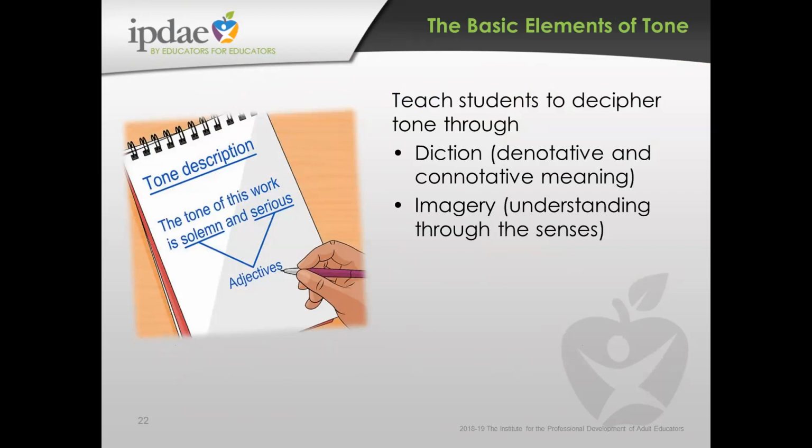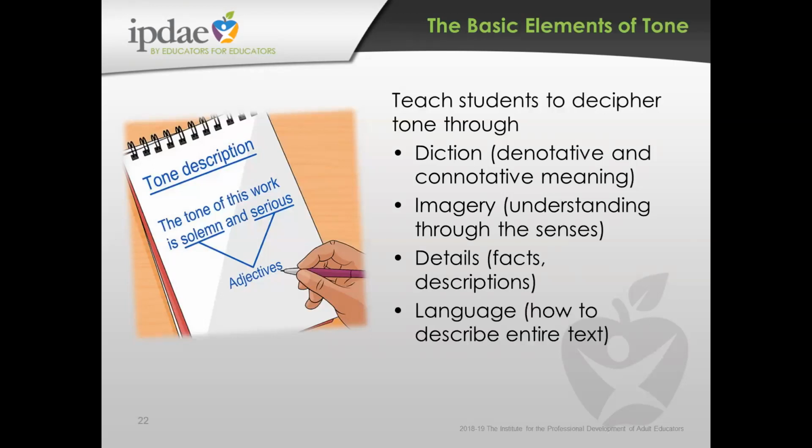They need to understand imagery, what's coming through the senses, and we'll talk more about that at a later webinar. They need to know about the details, the facts, descriptions that are there. They need to understand the language that's being used, not just a few bits of diction, but all the different types of language, and they need to understand syntax. Is the sentence length long?